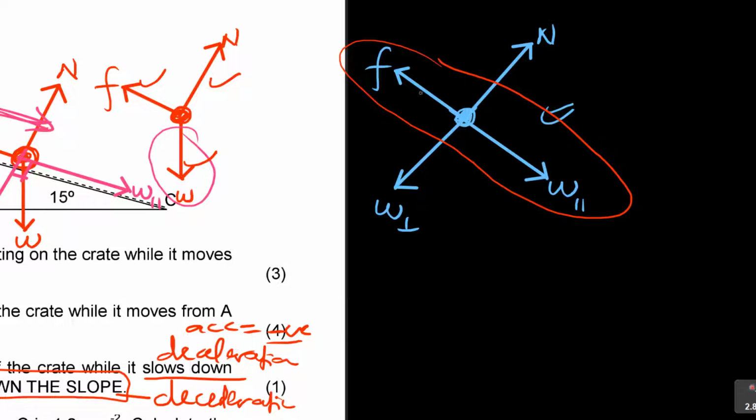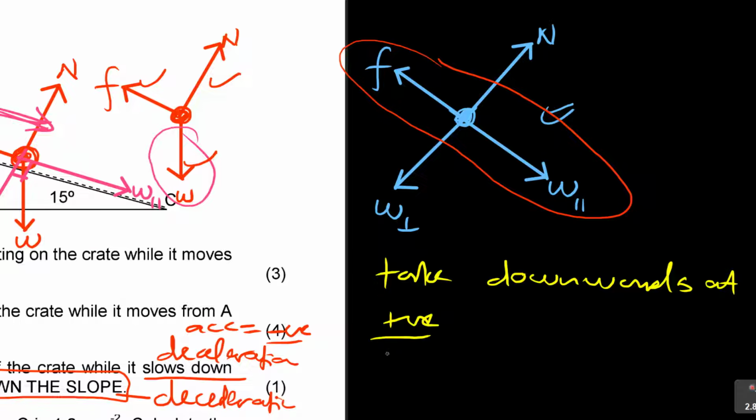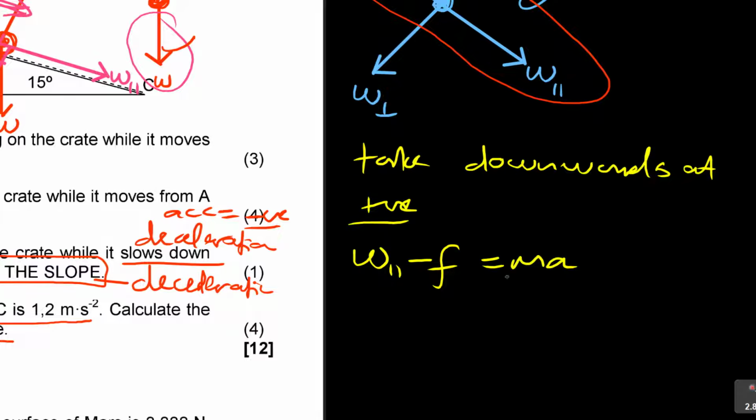So you can come here and say, resolving this, let's take downwards as positive. So you've got weight parallel, which is positive, minus friction, which is going in the opposite direction, is equal to ma, always equal to the resultant, which is mass times acceleration.